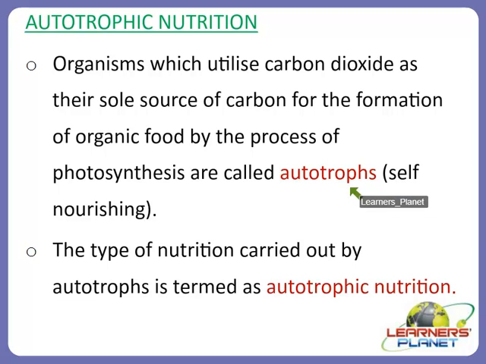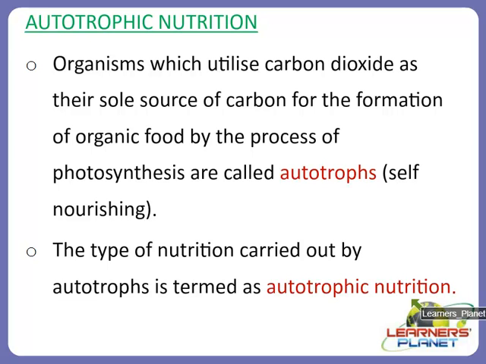So in short, autotrophs means self-nourishing or self-nutrition, providing the nutrition to itself. And this type of nutrition carried out by the autotrophs is termed as autotrophic nutrition. I hope you understood this type of nutrition.